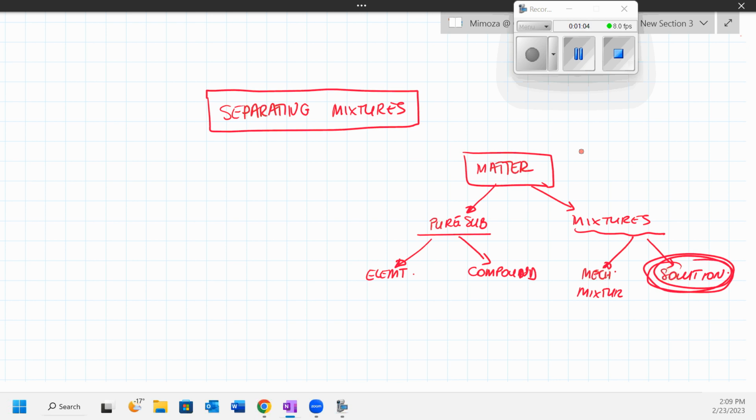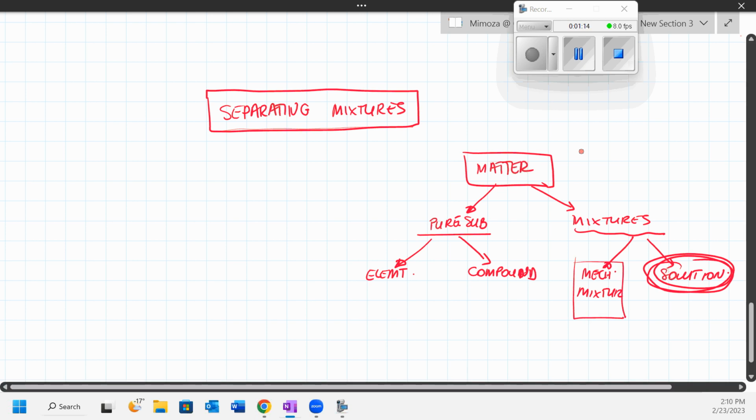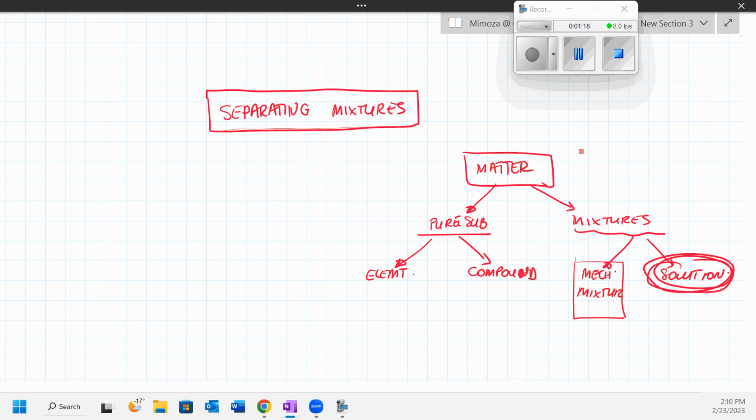Now, even though the topic in 3.3 is called separating mixtures, separating mechanical mixtures is not the object of this course.